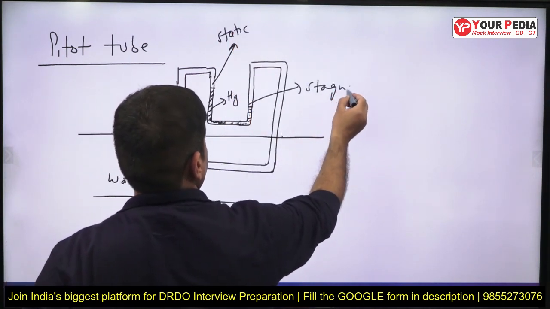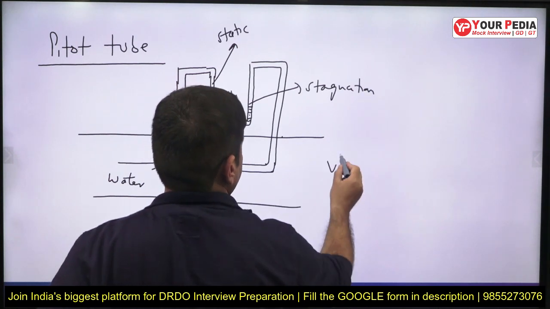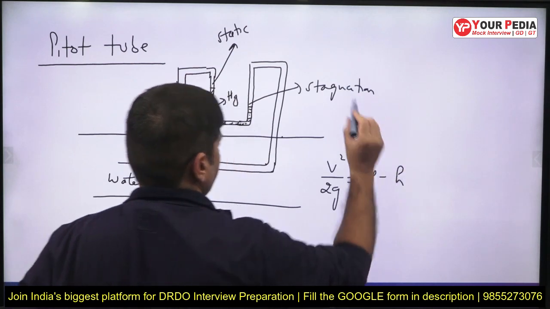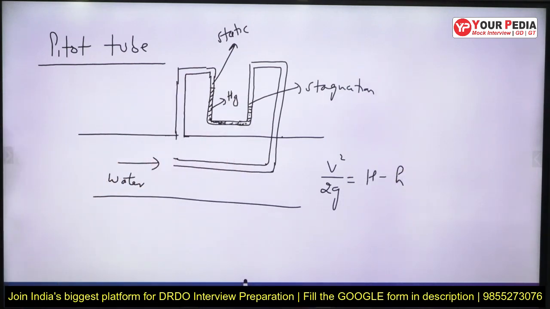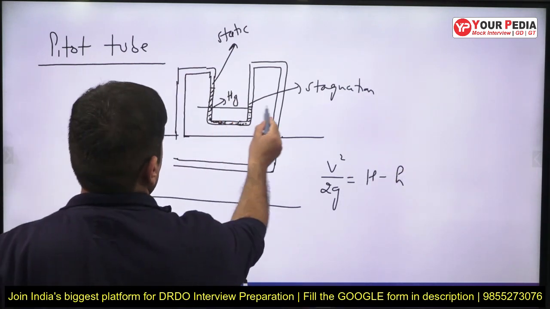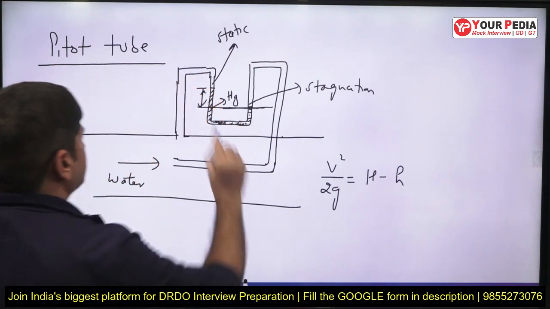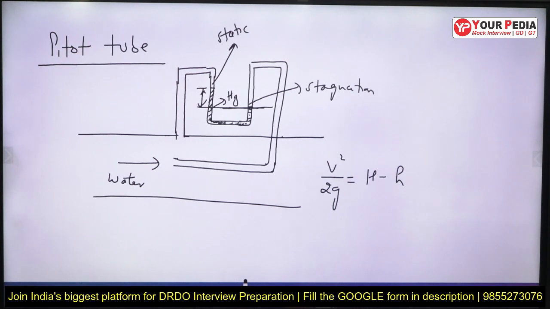You know what is the meaning of this. And V square by 2g, the kinetic head, is the difference of stagnation head and static head. And this difference between static and stagnation head can be obtained from this particular U-tube manometer. This is a very simple principle of pitot tube.